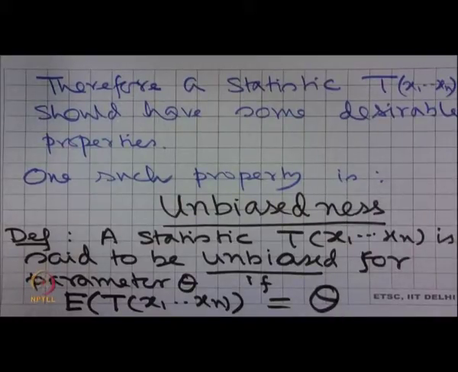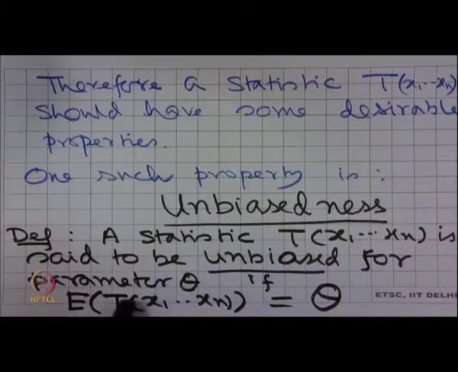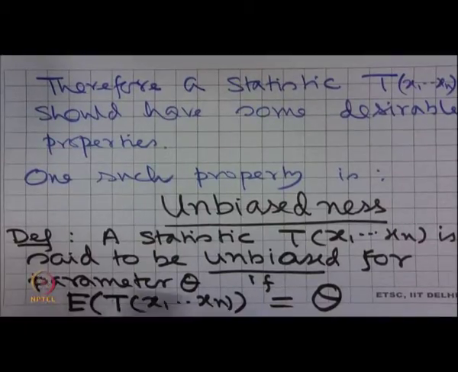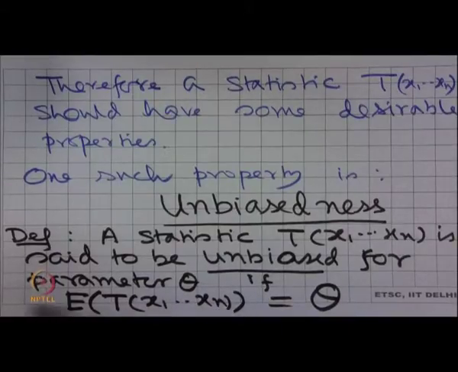That is, our aim is to estimate the parameter theta. We have taken a sample x1, x2 up to xn. We compute the value of T. If the expected value of that statistic is theta, then we call that particular statistic unbiased for theta, and that value that we compute out of the sample taken may be considered an appropriate value for theta or an estimate for theta.